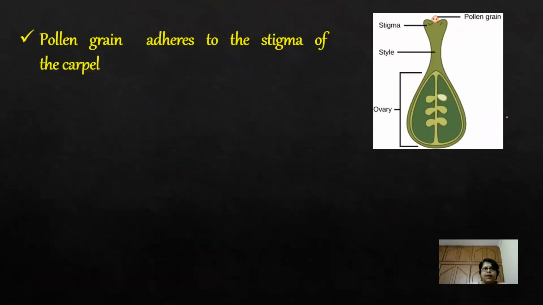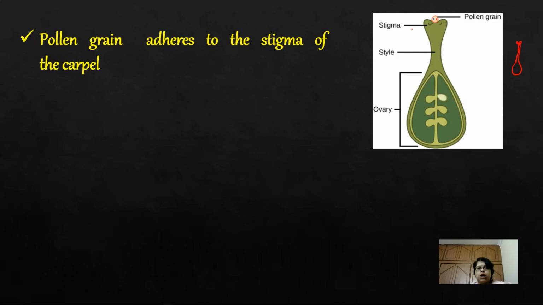See. The pollen grain adheres to the stigma of the carpel. This is the stigma, and this is the style. The pollen grain comes and rests on the stigma.